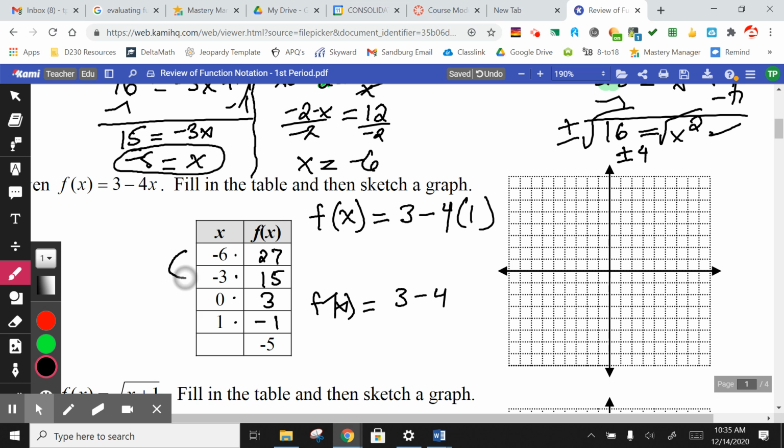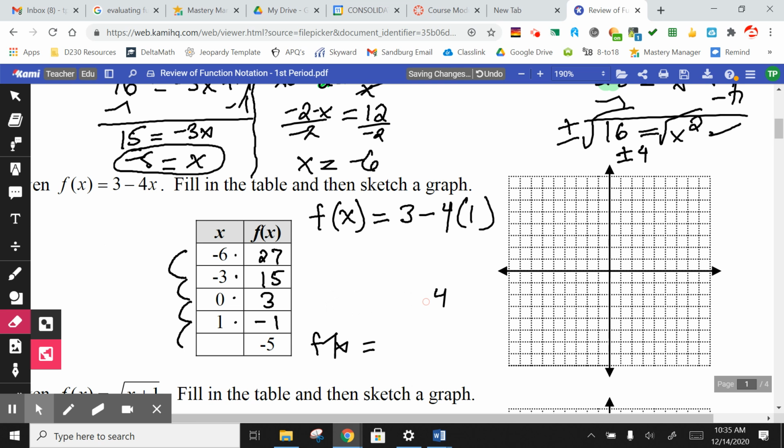Notice we went up 3, then we went up 3, and then we went up 1. So do not assume this is a 2. Okay? Do what we did earlier. Let me go back up to this original function. Make this an x.